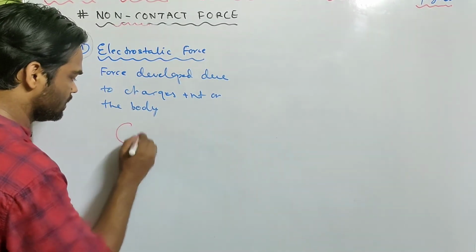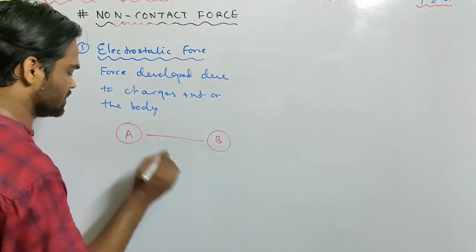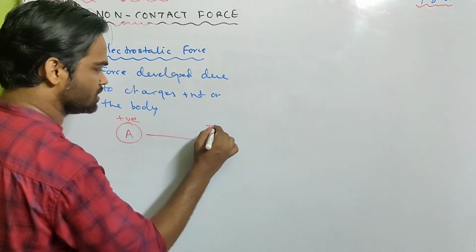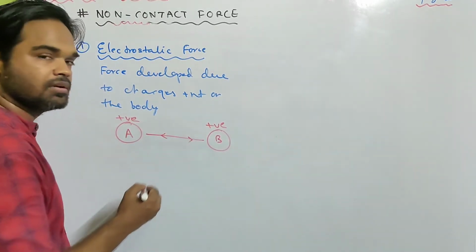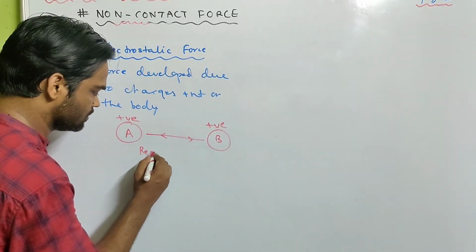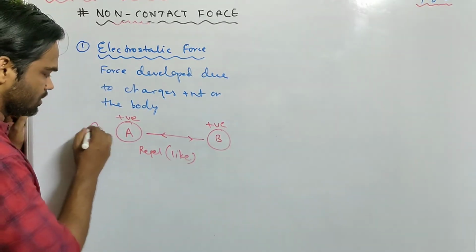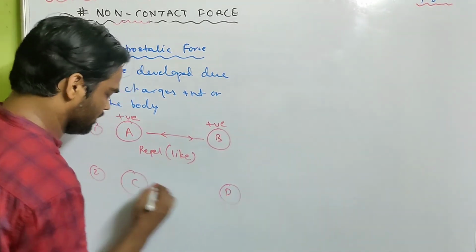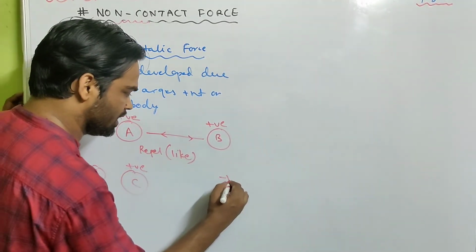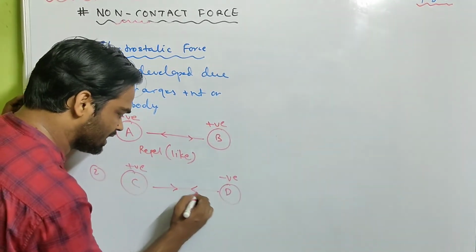Take an example. Take a body A, take a body B, separated by some distance. Suppose this is a positive charge body, this is a positive charge body. You will see that they repel each other. There is a repulsion because of like charges. If you take another case where you take a positive body and a negative body separated by a distance, you will see that they attract each other.